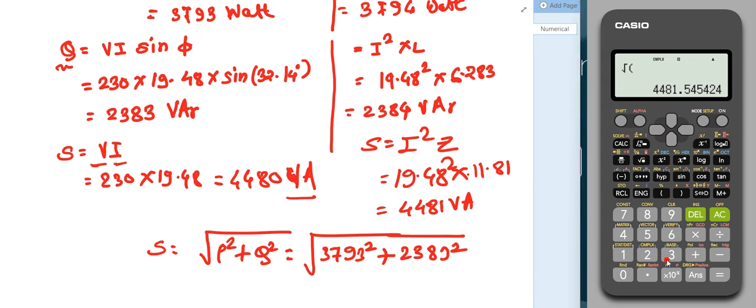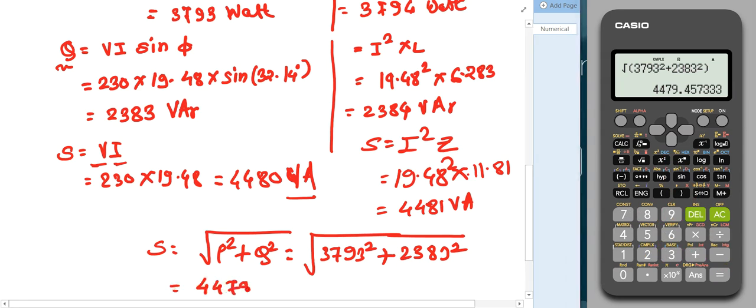Root in bracket 3793 square plus 2383 square, bracket complete, then press equal to. You are getting the same approximate value, 4479 VA. So this way you can tally your answer, whether your answer is correct or not.